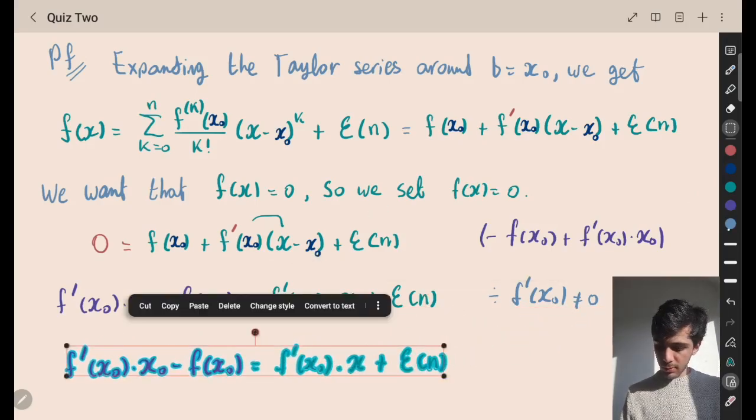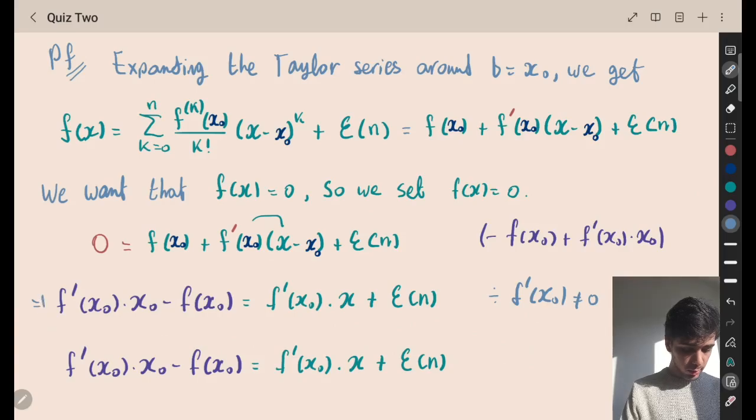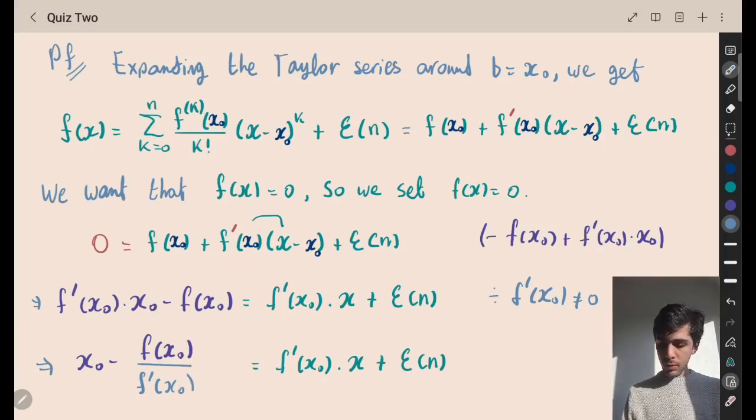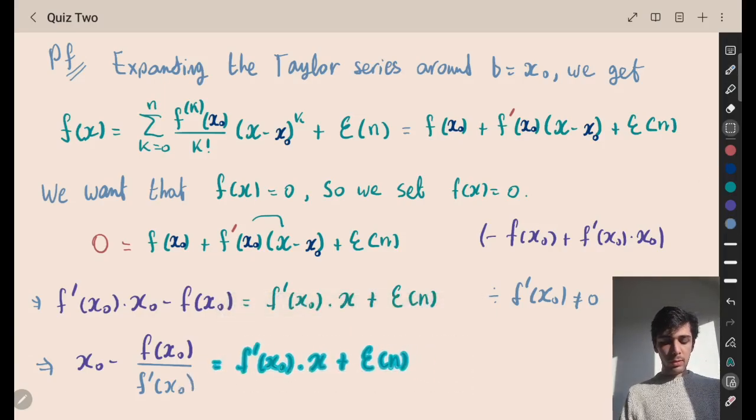So there's a series of implications, and I'm not writing it down, but this would cancel out. And then this will be divided by f prime of x0. Then on the other side, we have this f prime of x0.